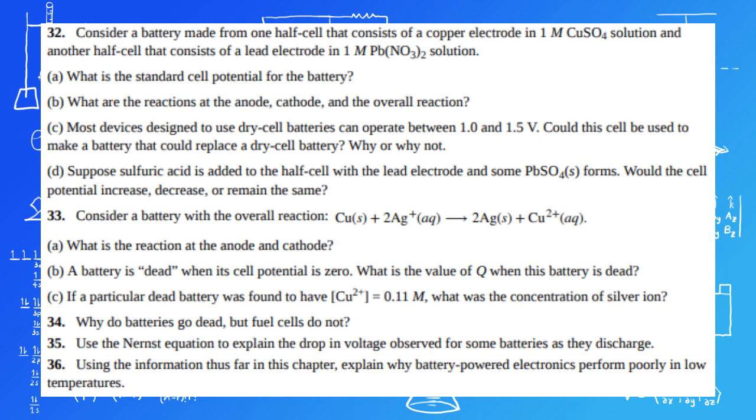And assuming the forward direction is the spontaneous direction, if the lead is on the product side, then precipitating out some of it will actually help increase the cell potential and lower delta G, make it even more negative, making the process more spontaneous.